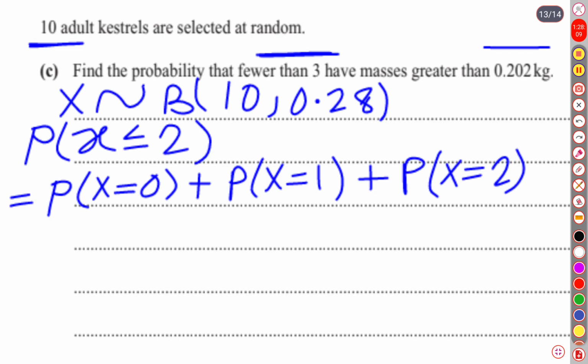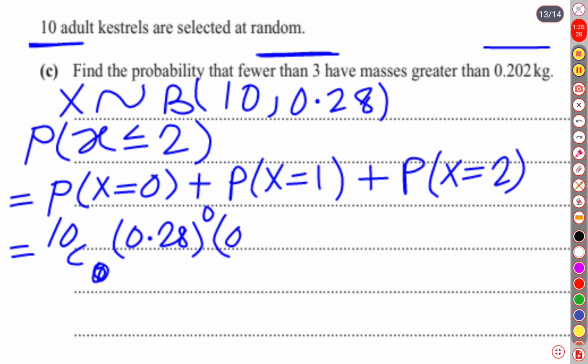When X is 0, it is the combination formula, 10 choose 0, that is no one is having mass greater than 0.20. So all of them are actually less than 0.202, whose probability is 0.72 raised to 10.